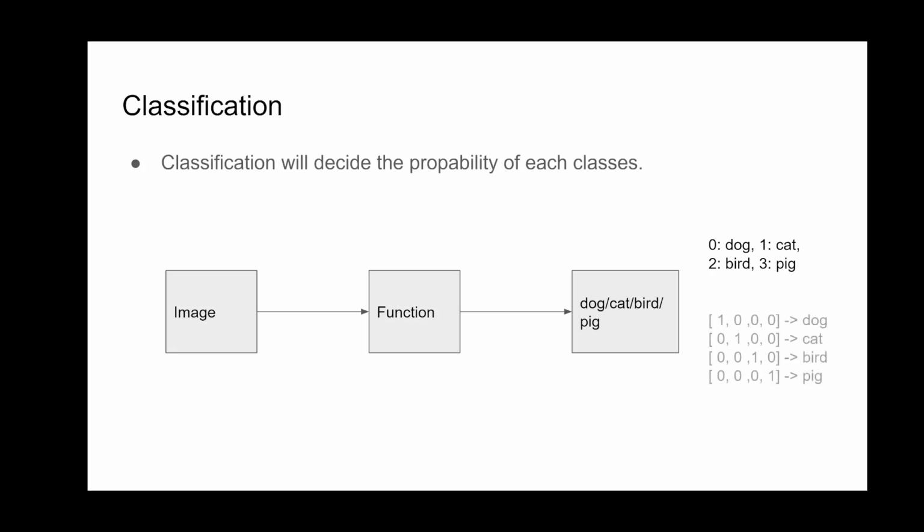So instead, we are using a vector for each class, and the most simple way is using the one hot encoding. For example, for a dog, we're using 1000, and for the cat, we're using 0100. For the bird, we're using 0010, and for a pig, we're using 0001. So if we have four classes, we're using a 4-dimensional vector.